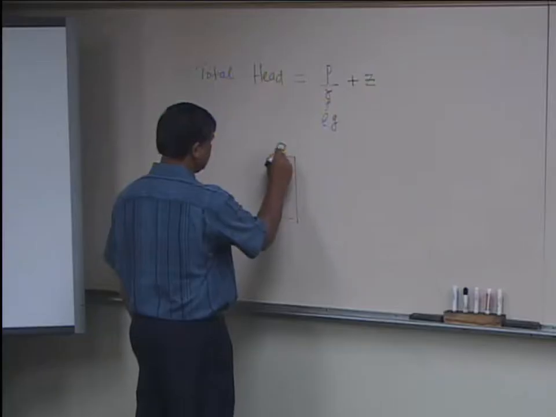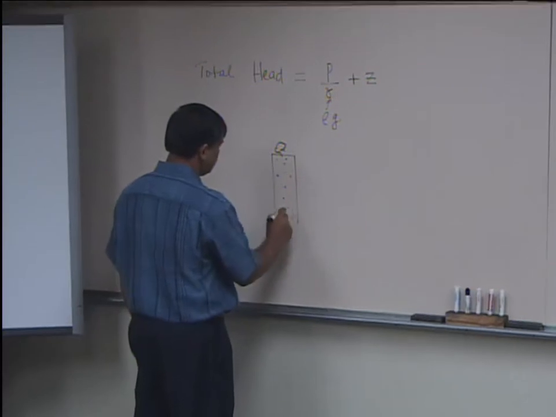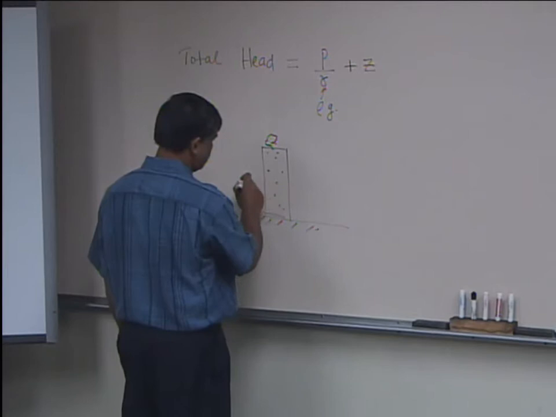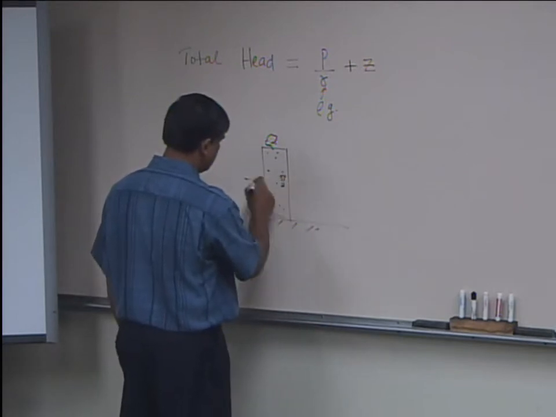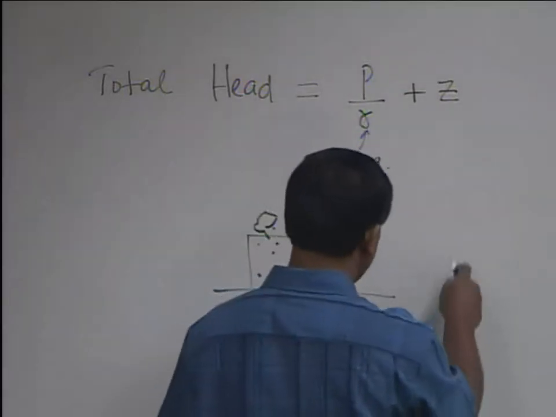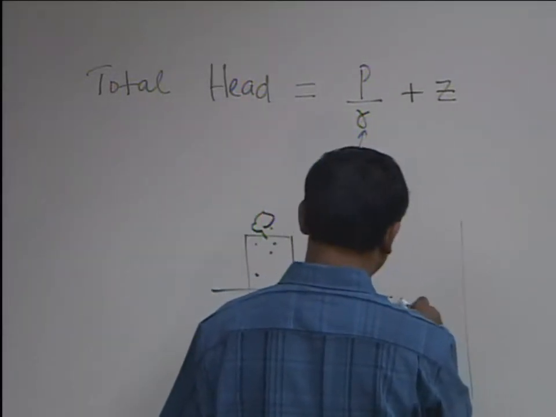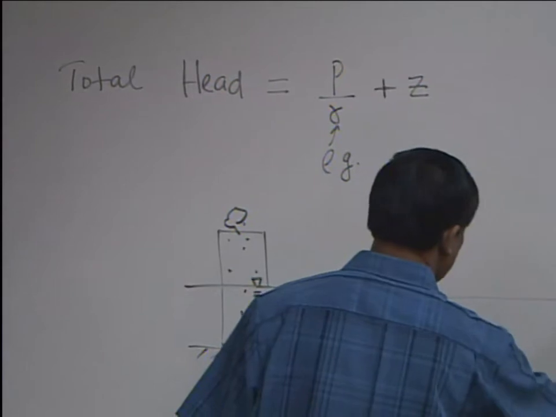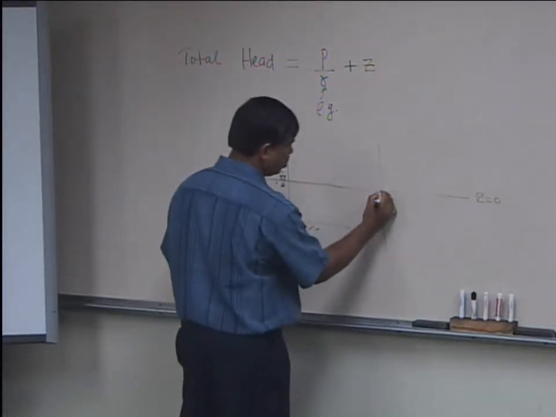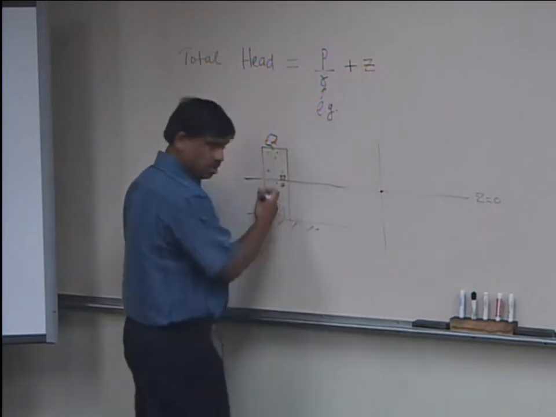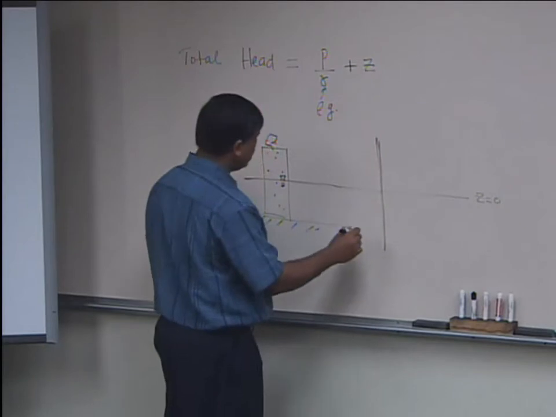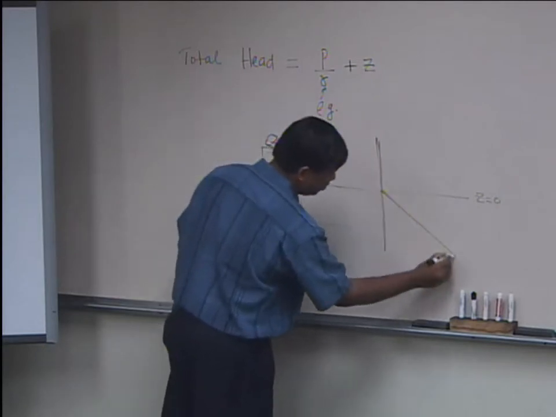So if you have a land surface and there is rock here, and if you have a water table, you should know exactly how these components are distributed. If I choose my datum here at z equal to 0, I know P equals 0 here, Z equals 0, so the total head should be 0. And this is hydrostatics, so the total head should be 0 everywhere, which means my pressure becomes positive as I go down.